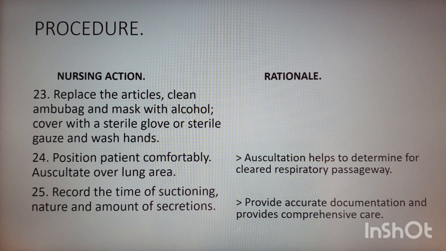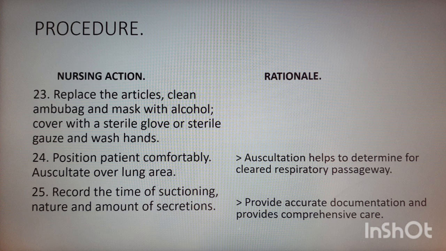Next, replace the articles, clean the Ambu bag and mask with alcohol, cover with sterile gloves or sterile gauze, and wash hands. Next, position the patient comfortably. Auscultate the lung area. Auscultation helps to determine whether respiratory passageways are cleared of secretions.